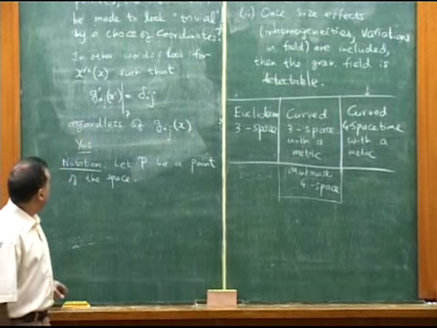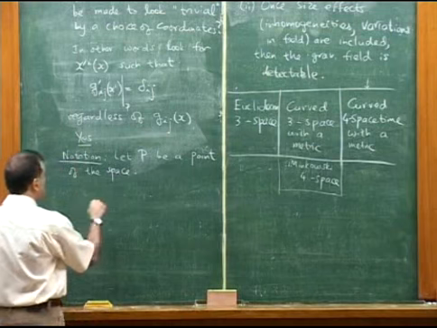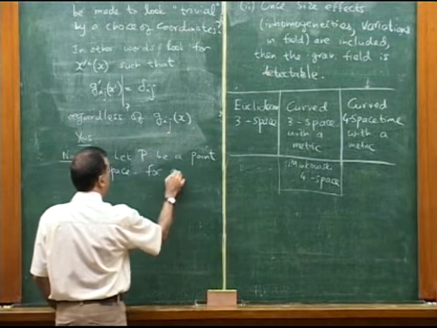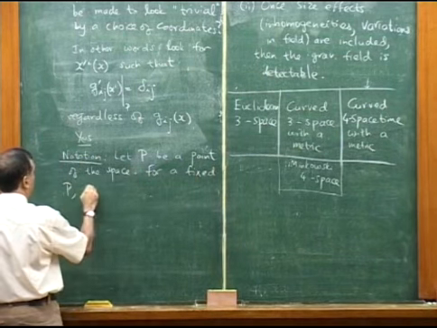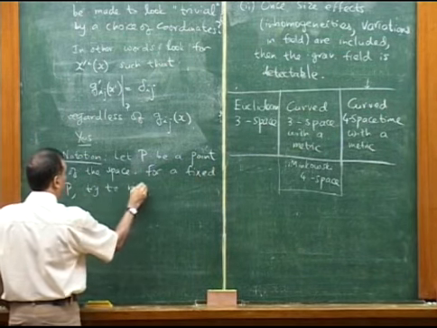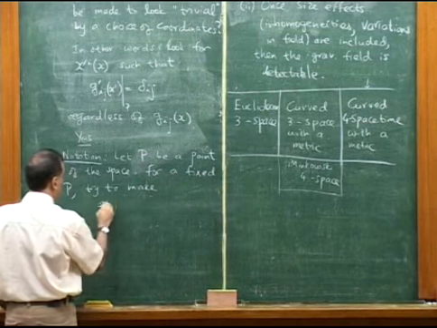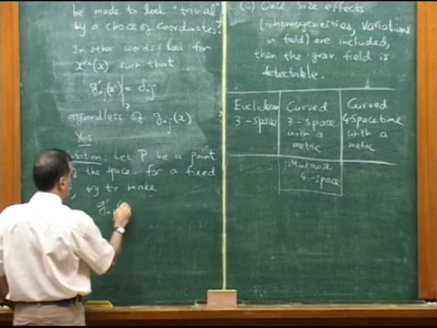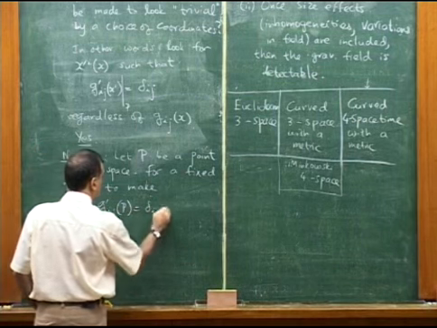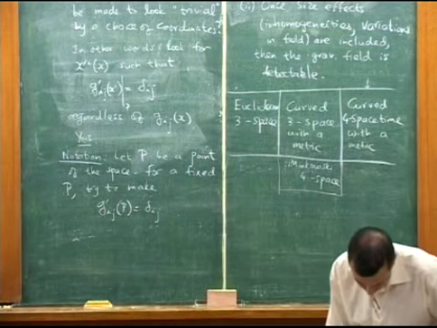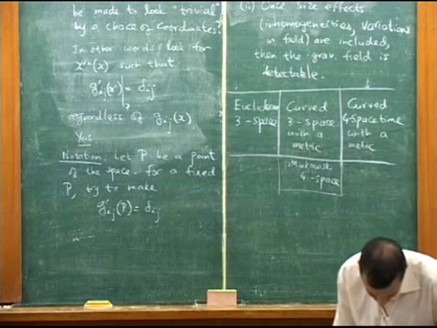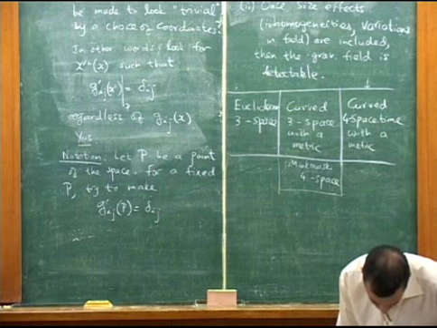Okay. So now the question is, for a fixed P, try to make g prime ij of P equal to delta. So I like to say it in this way, then I don't have to worry what I write as the argument. Okay. Good.